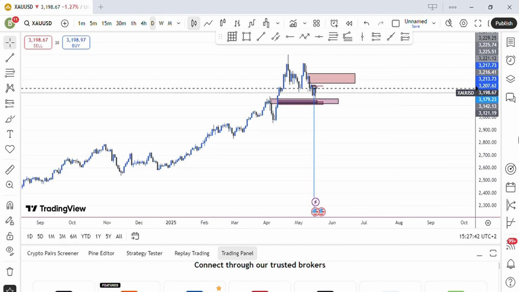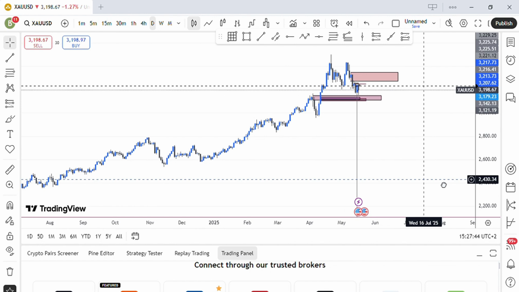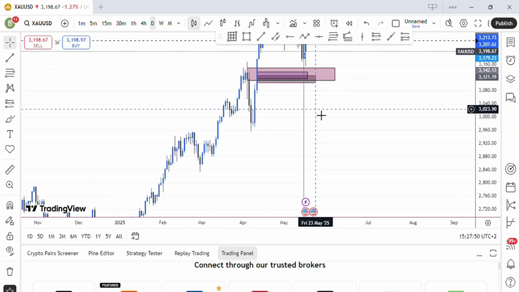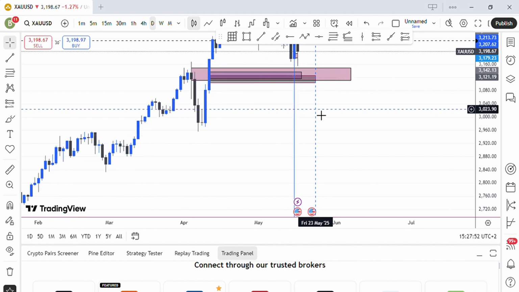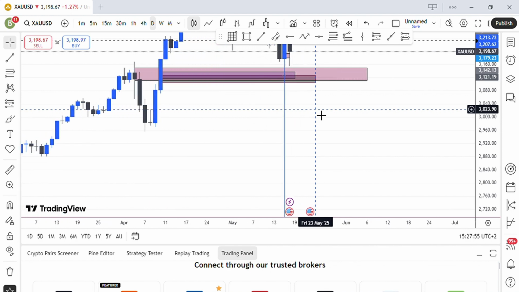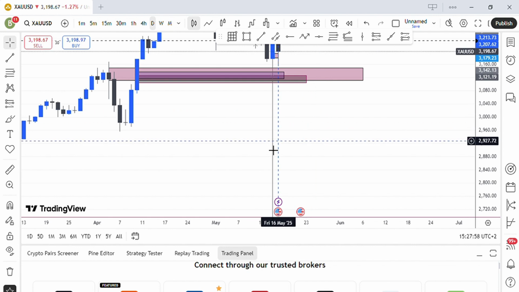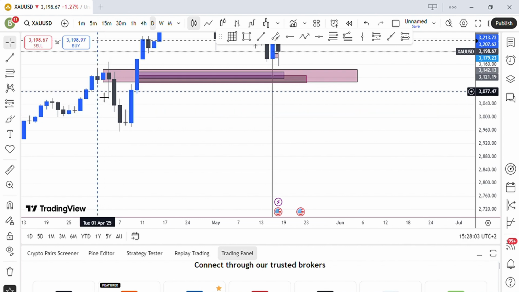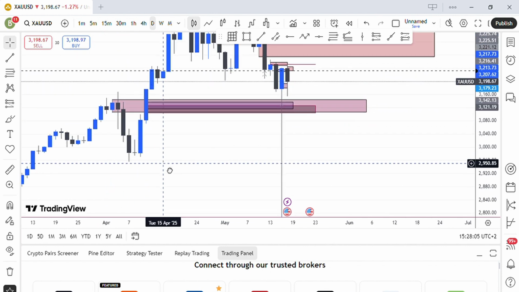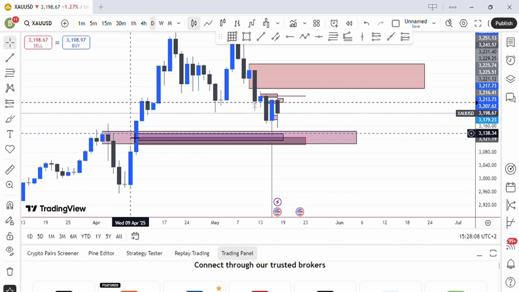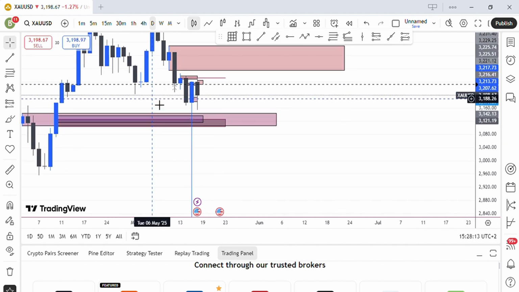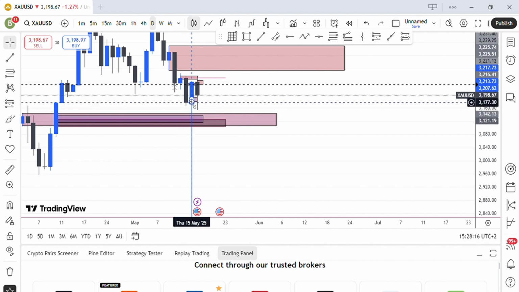So on my daily, I was looking at this engulfing, the failed engulfing here. So as you can see, price broke that engulfing and was coming back to retest it. So this is where price was when I was analyzing this blue candle. Then I went to the 4 hour.